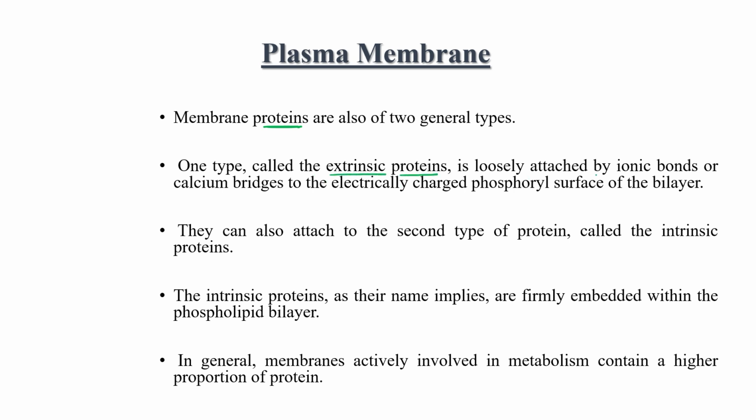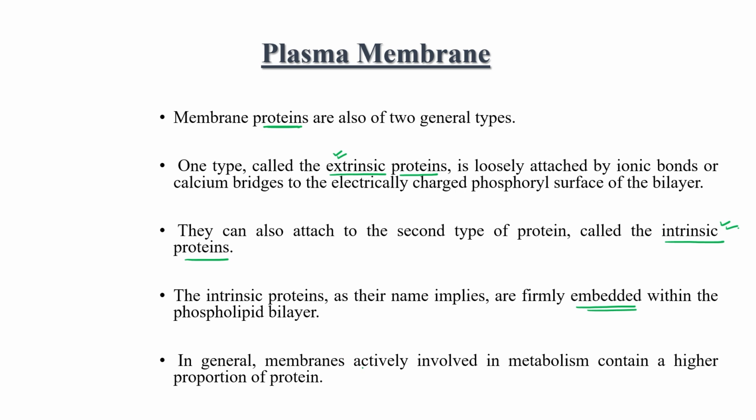It is loosely attached by ionic bonds and calcium bridges. So there are two types of proteins: one kind is present only on the outer surface of the lipid bilayer, known as extrinsic protein, and the other type is known as intrinsic protein, which is totally embedded in the lipid bilayer and floats within it, firmly embedded within the phospholipid bilayer.